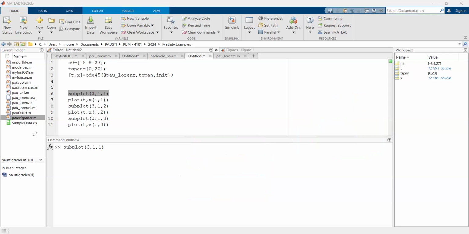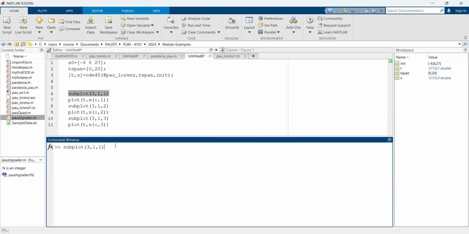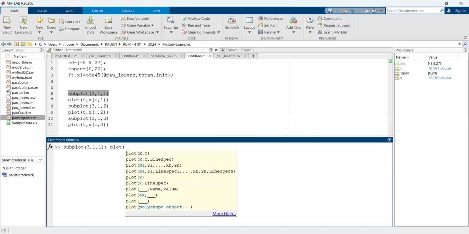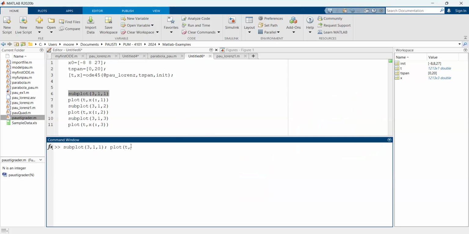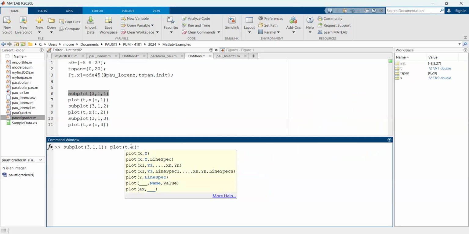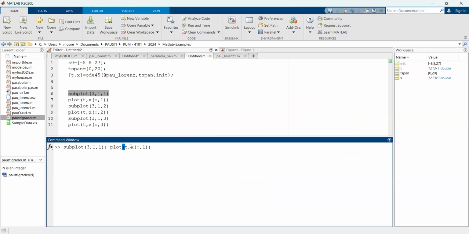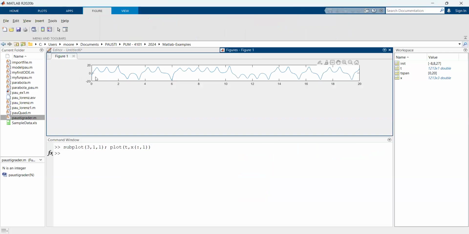Let's do an example so we see how the subplot works. For instance here, subplot 311, I can say plot t against x1, right? If we go to subplots, you see 311, t against x1.